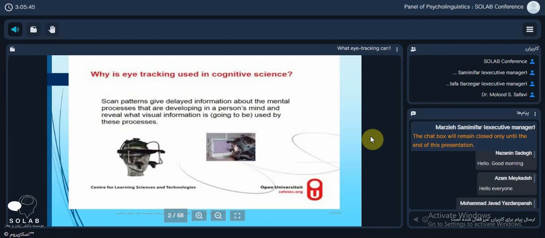If we synchronize eye tracking and fMRI, we can find the different functional parts of the brain that process language. With eye tracking, blinking, and pupil reaction, we can find the brain pathway that guides us in language processing.